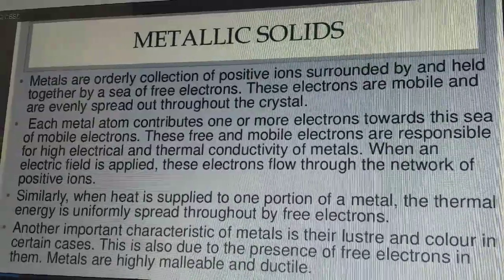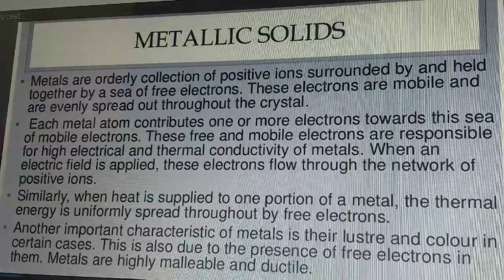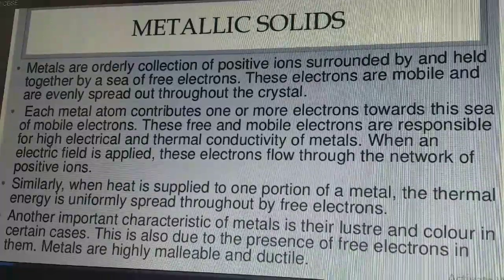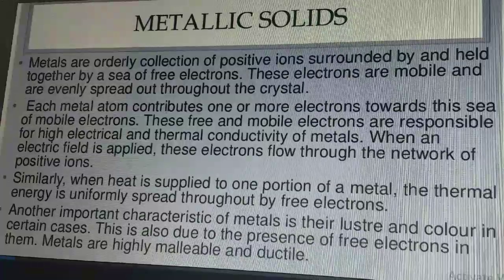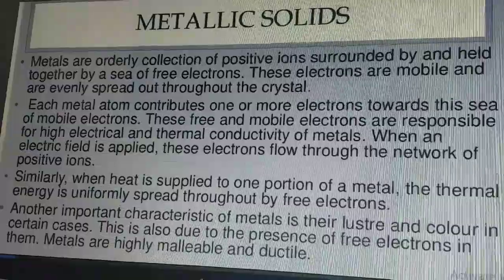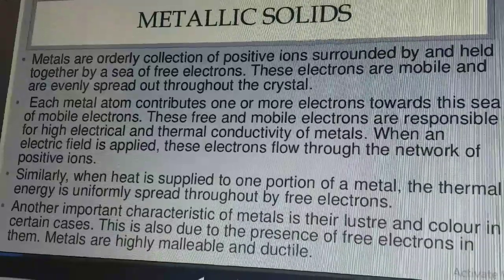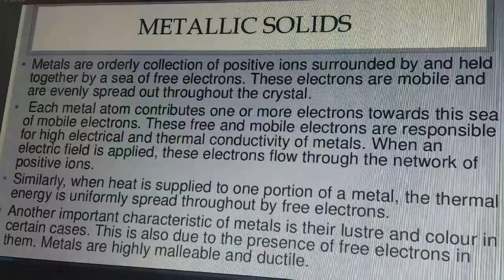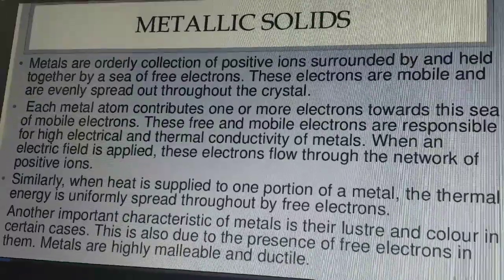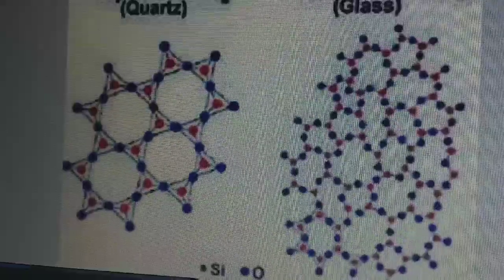Ductility means it can be drawn into wires. So these are the general characteristic properties of metallic solids. They are good conductors of heat and electricity, and they are lustrous. Some are colored. Again, the reason is the presence of free electrons. They are ductile and malleable.